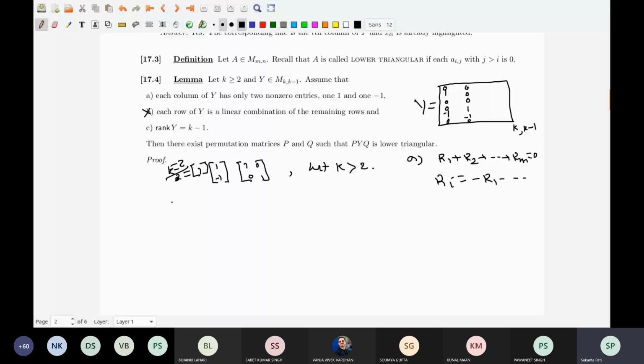What I was thinking: suppose somehow I could prove that Y has a row with exactly one non-zero entry.